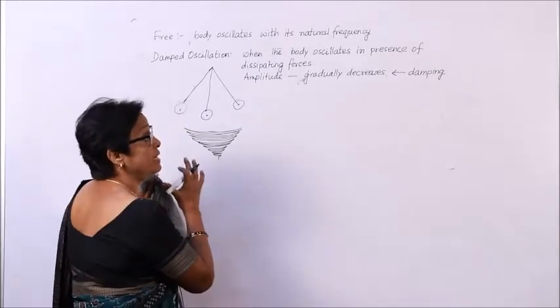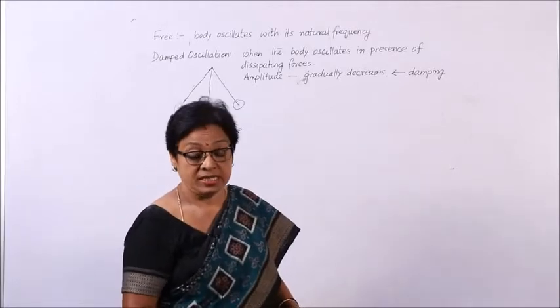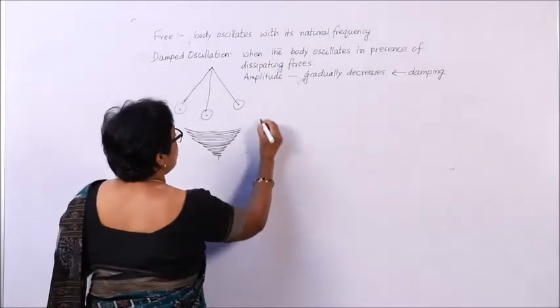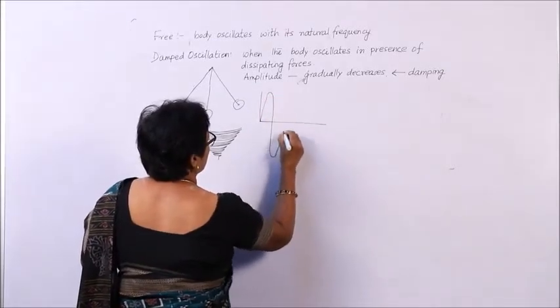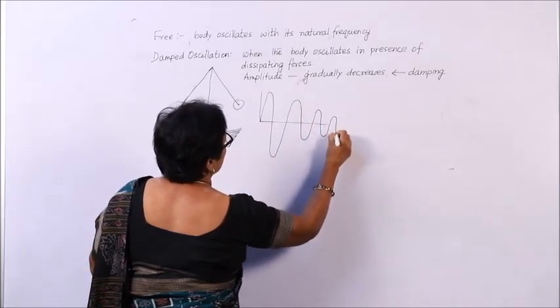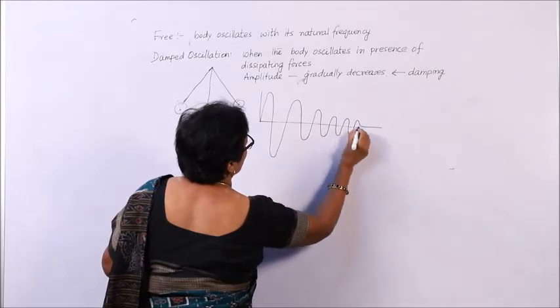So this is called a damped oscillatory motion, that there is damping, there is decrease in amplitude because of the damping forces. That means we can draw that the oscillations are like this: instead of remaining constant, gradually the amplitude is decreasing and decreasing and becomes 0.